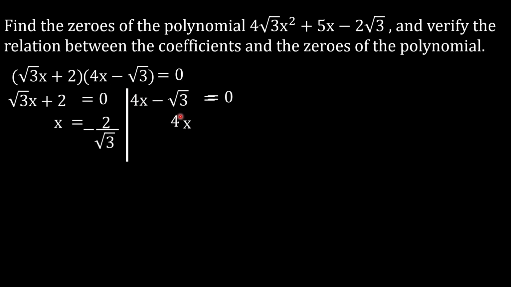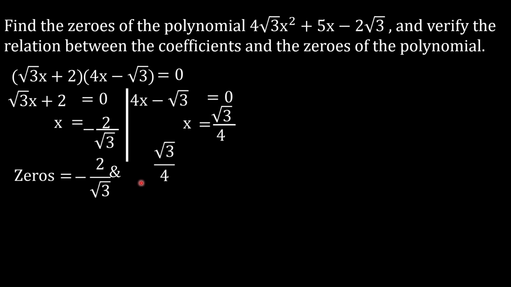Bringing this minus root 3 to the right side, we get plus root 3, and bringing this 4 to the right side, we get divided by 4. So x is equal to root 3 divided by 4. These are the zeros of the given quadratic equation. The zeros are minus 2 by root 3 and root 3 divided by 4.